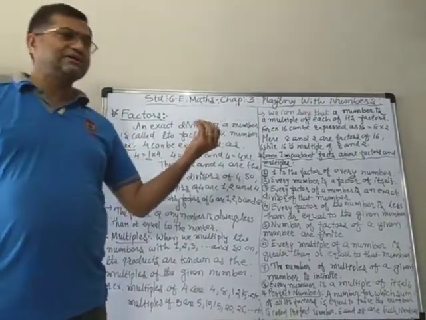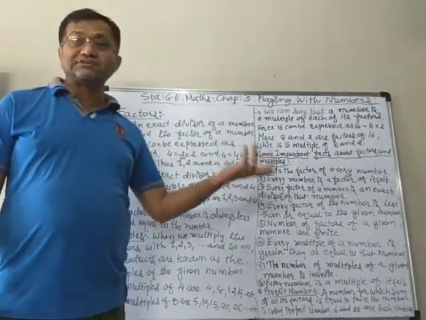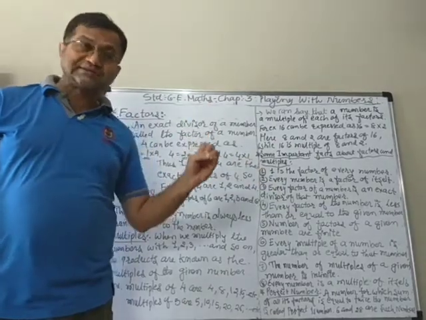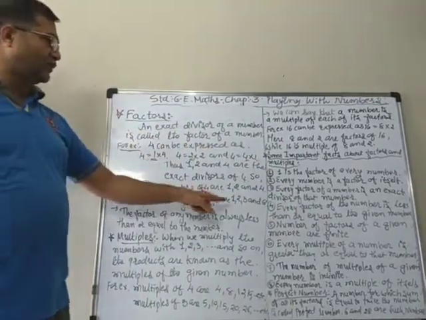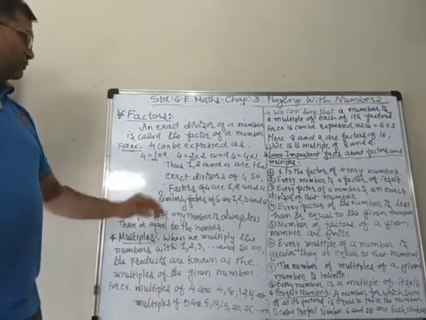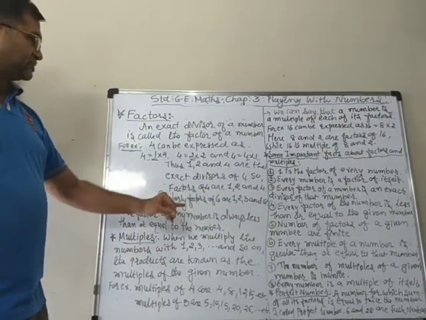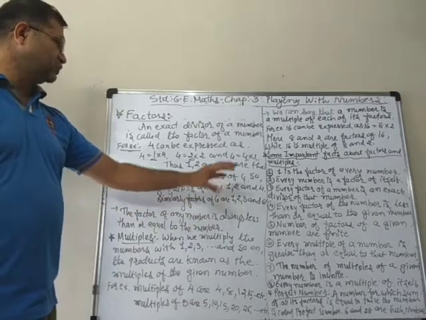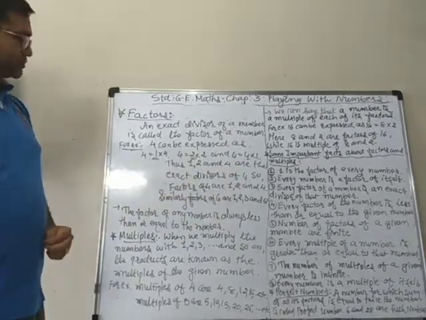And then lastly 6 1s are 6. It means that the exact divisors of 6 are 1, 2, 3 and 6. So those are the factors: 1, 2, 3 and 6.